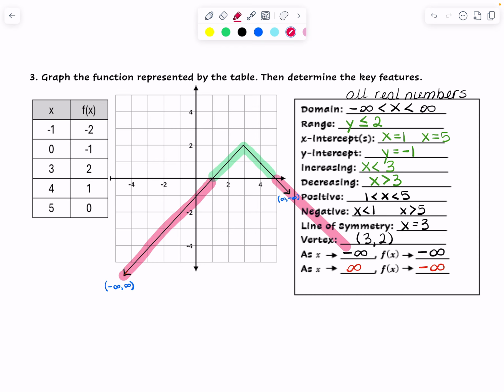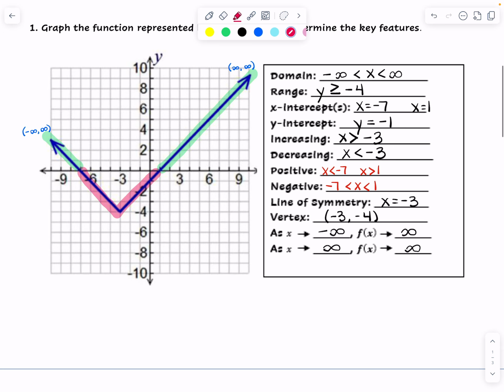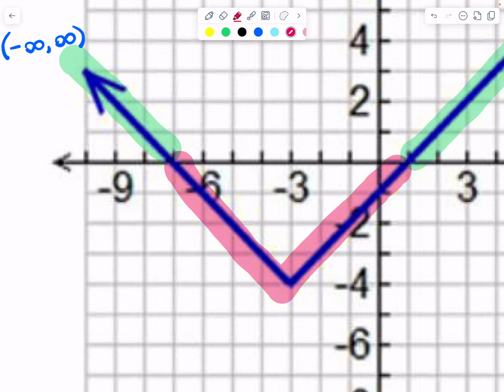Now that we know where it's positive or whether it's negative, okay, when it's above the x-axis or below the x-axis, let's go look at how do I write that? How do I write where it's increasing or where it's decreasing? So let me zoom in here. Now, when I'm looking at this, find those points when it goes from positive to negative.